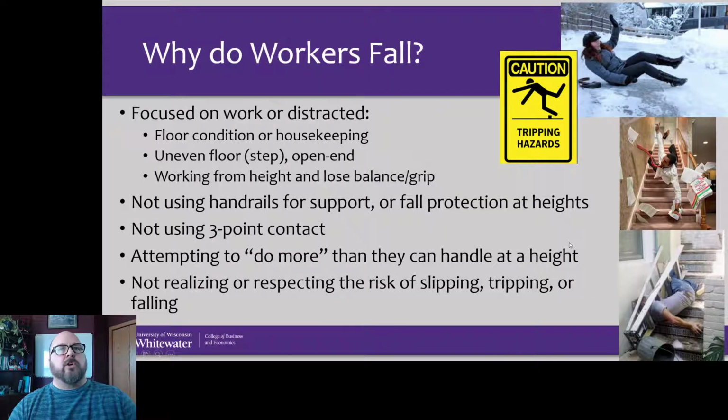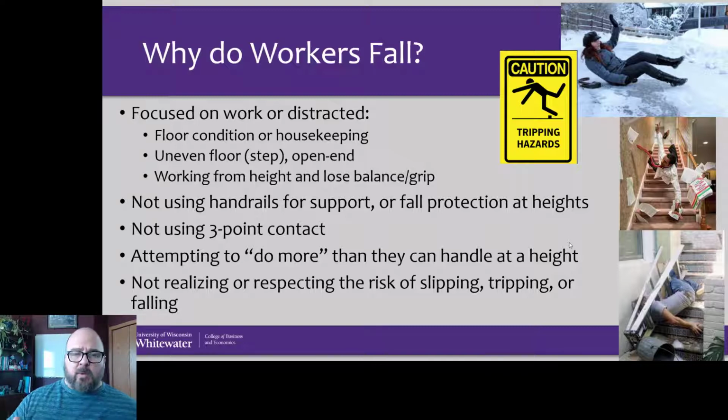Why do falls occur? Because of gravity, really, gravity and our inability to remain stable on our feet. I guess that's one way to put it. Sometimes it's distraction, sometimes it's uneven or unexpected surfaces.